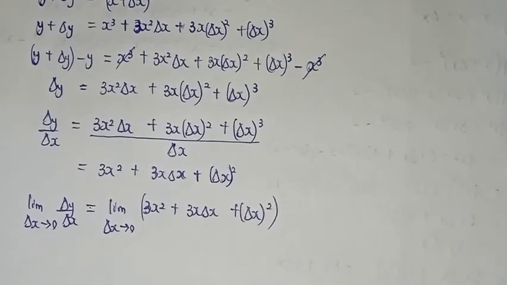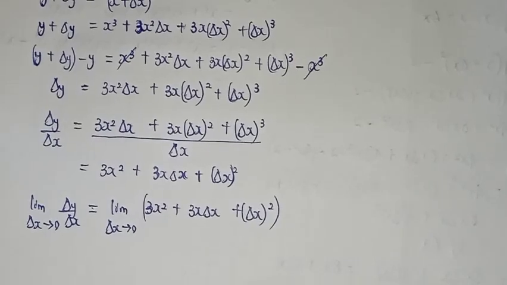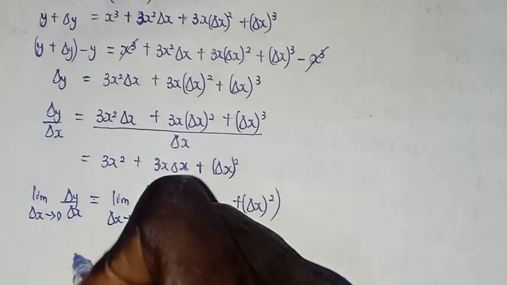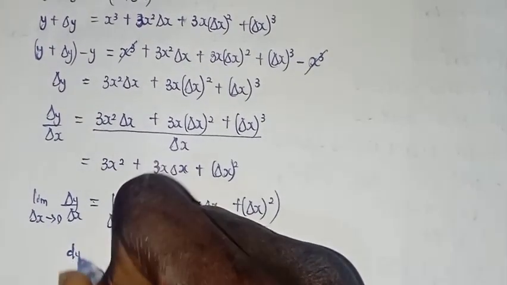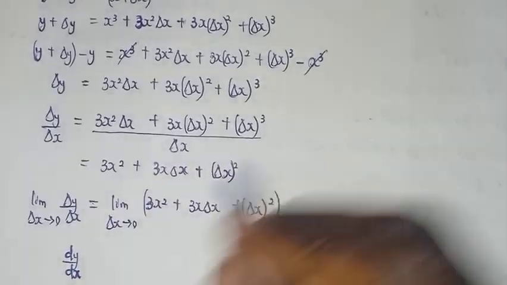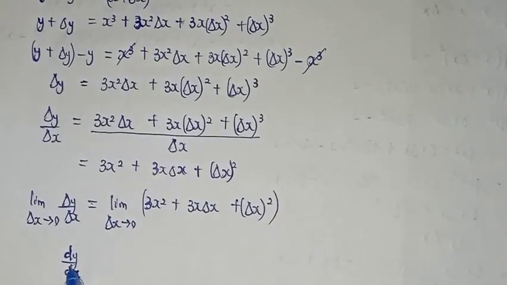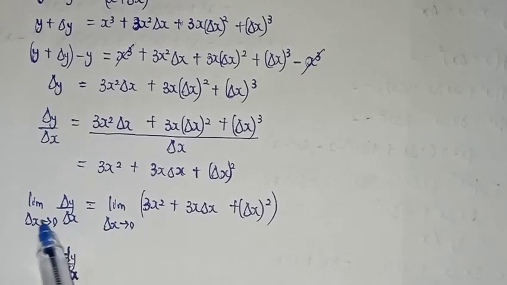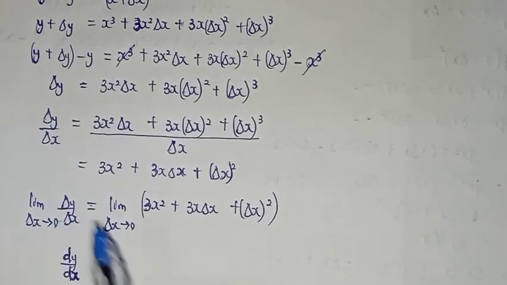So we substitute delta x to be 0, and so our left hand side becomes dy over dx. In most textbooks it's written as this, but in other textbooks it can be left just this way.